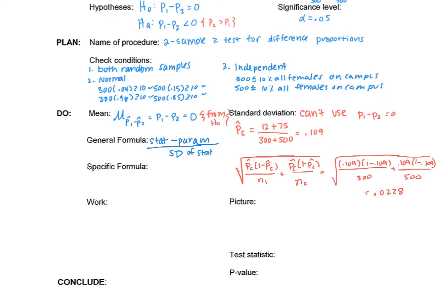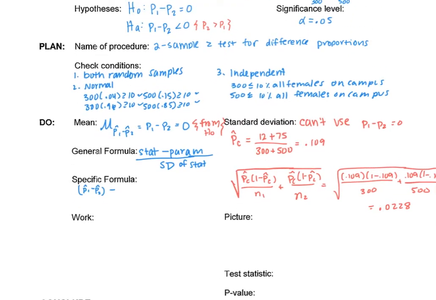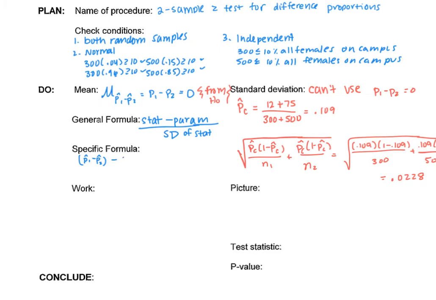So for this case, we have our p hat 1 minus p hat 2 minus our null hypothesis value, which is 0, over that whole big square root that we just had. I don't want to write it again that small.